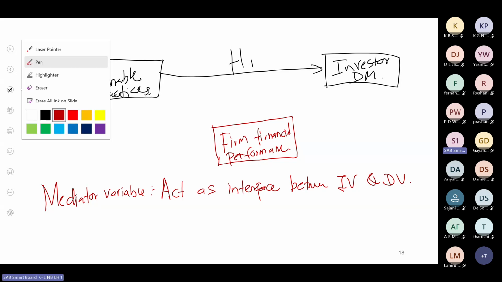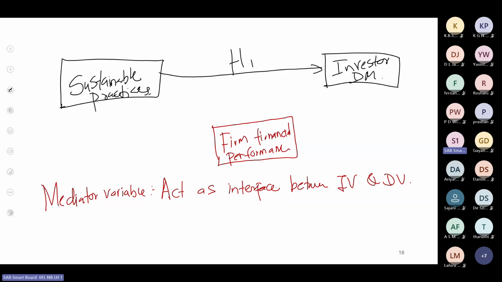We first have to check whether the mediator variable is linked with the independent variable, so we identify that as H2. Then you have to identify whether there is any relationship between the mediator and the dependent variable. That is normally called H3.